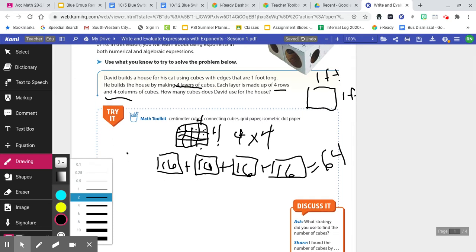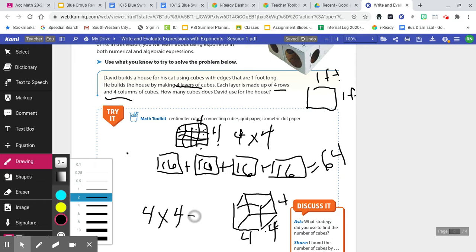is if I know a cube, and let's see if I can draw this. And it's a cube, so I know all the lengths and sides and height are all the same. So I know it's a 4 by 4 by 4. So in this one, on the bottom, I would say there is a 4 by 4, which is equal to 16.